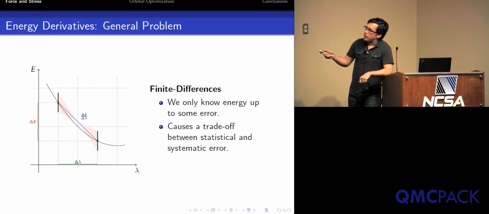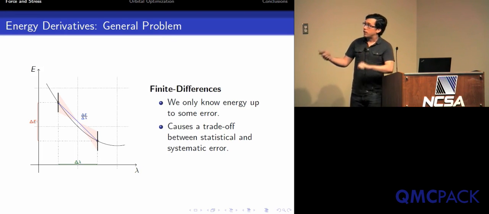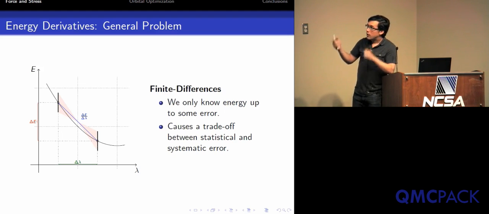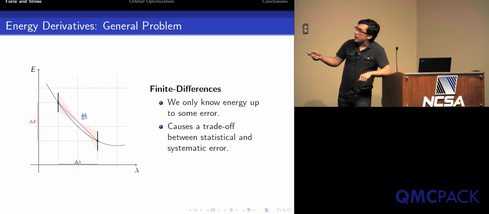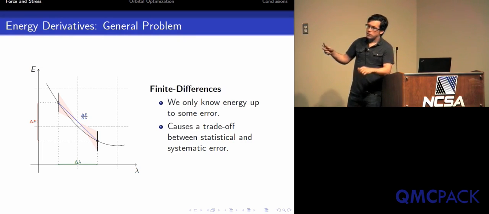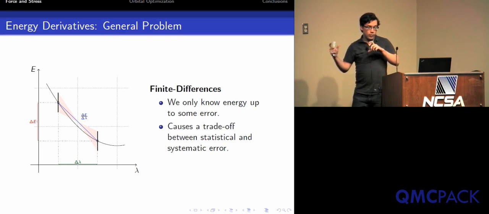Let's say that this might be the bond distance between, like, a carbon atom or something, and this might be the energy as a function of the distance. So you'll notice that there's a trade-off between the systematic error coming from the size of your finite differencing estimate, and also the statistical error that's introduced into your derivative estimate.